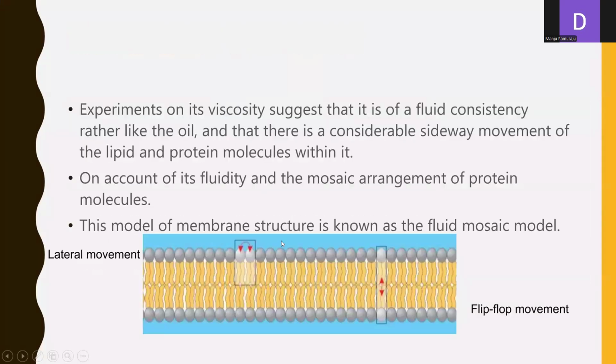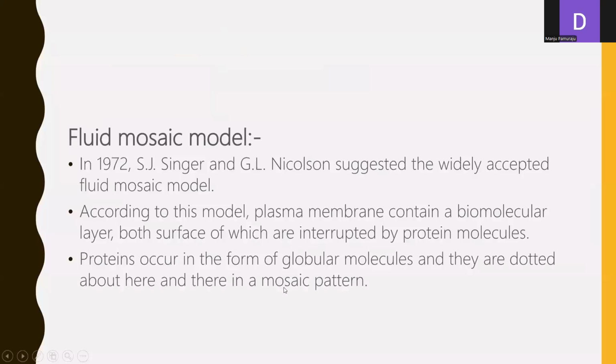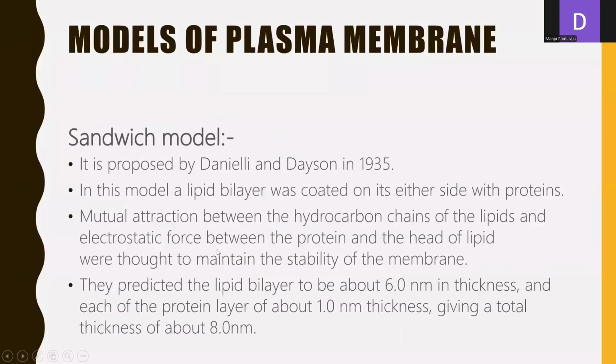So this is about the three models. The first one is the sandwich model, which was proposed by Danielli and Davson. According to this model, on either side of the lipid bilayer, proteins are present.